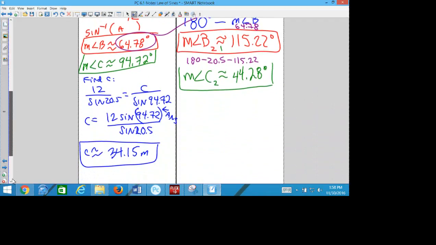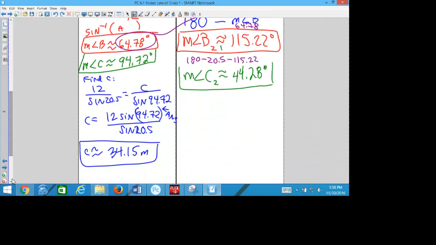And then how do we find our new lowercase c? Same thing that we just did. You're going to do 12 over sine 20.5 because A didn't change at all. You're going to do lowercase c over sine new C, 44.28.